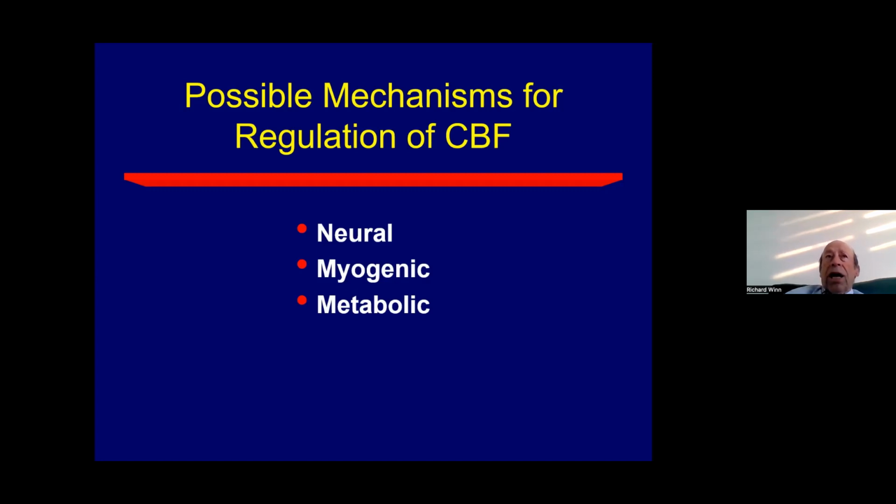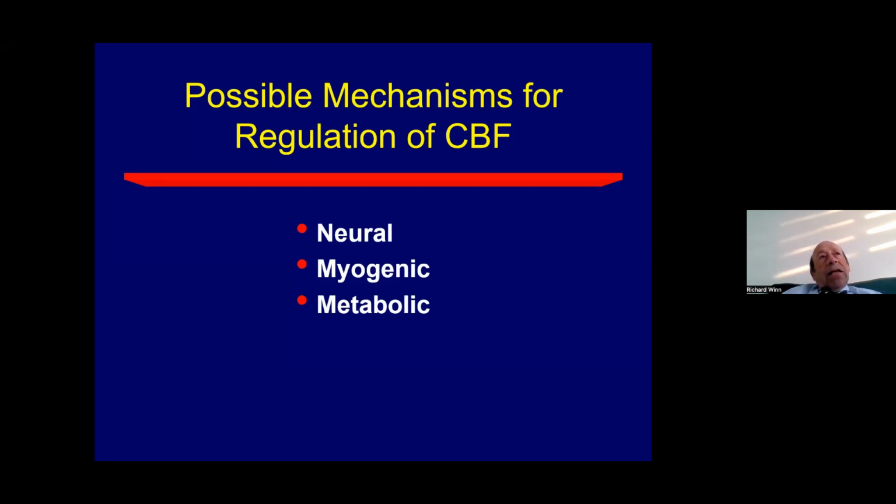Then there's the myogenic hypothesis, which states that the blood vessels throughout the body have an inherent tone that's preset. So when pressure, for example, or perhaps flow goes down in the lumen, the vascular smooth muscles, through some mechanisms, sense that change and dilate to increase flow to an area where the pressure or flow might be low.